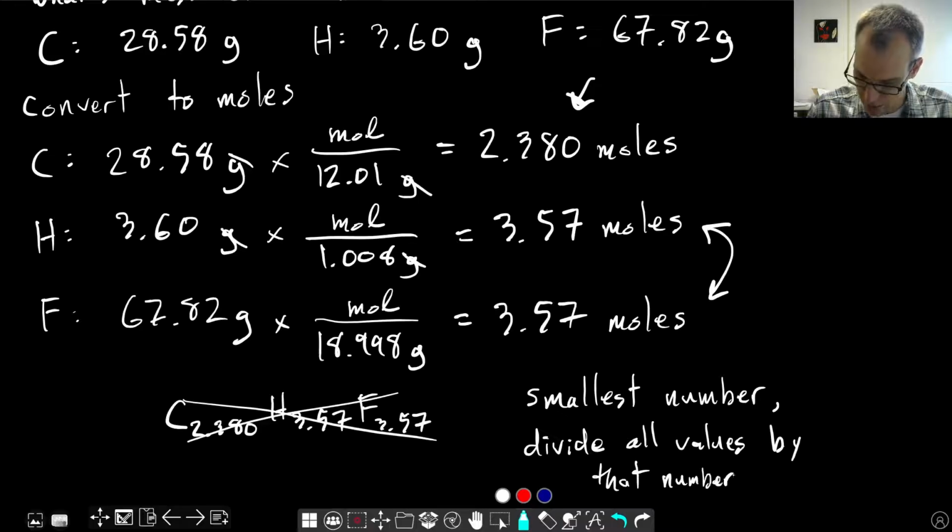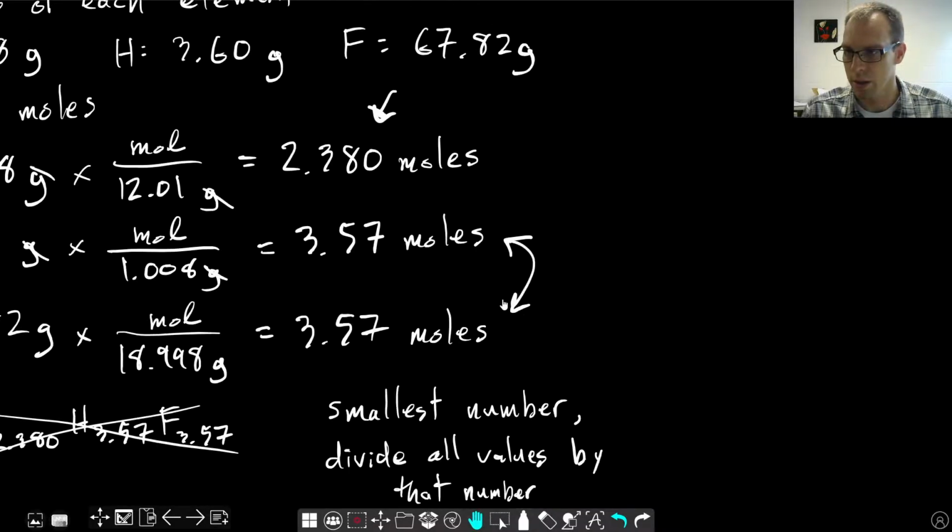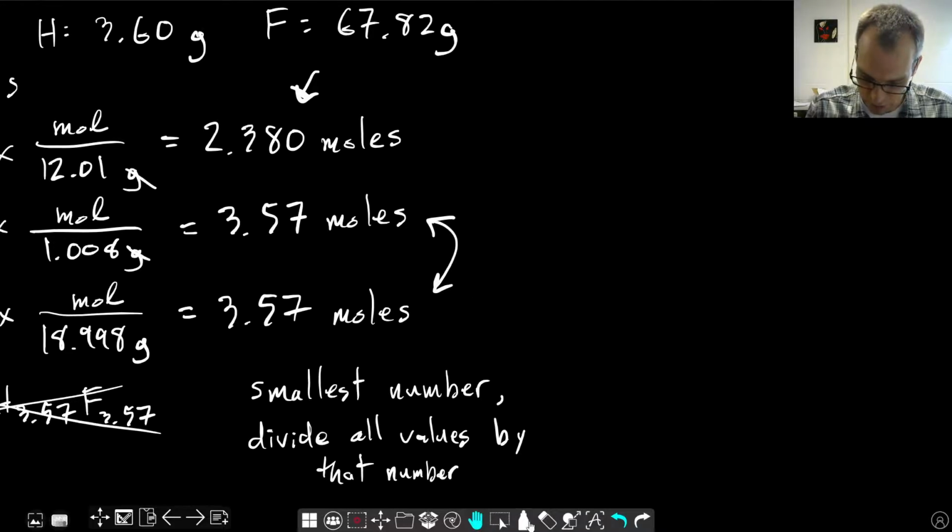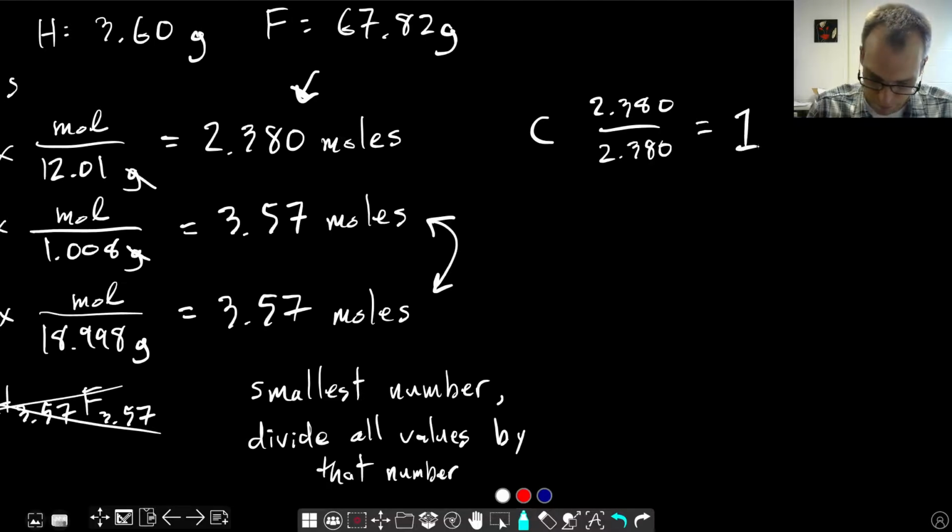The purpose of this is to find the whole numbers, right? If we divide our lowest number by itself, it's going to be 1, and then everything else should be whole numbers or fractions relative to that. So let's give that a try. So we'll move this way so I still have the numbers here. So for carbon, we'll have 2.380 divided by 2.380, which gives us 1.